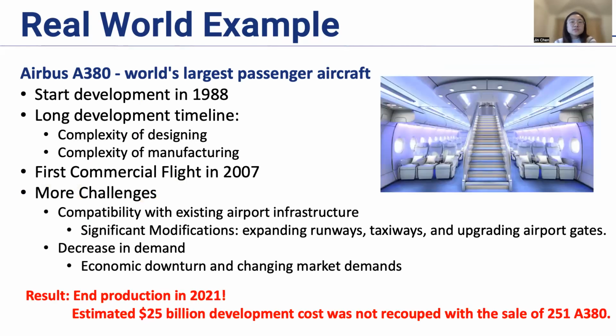As a result, the production of the A380 actually ended in 2021, and its development cost was not even recovered. So the Airbus A380 is just one example of how a product can fail when there is a lack of understanding of the customer's need or when the market changes over time.